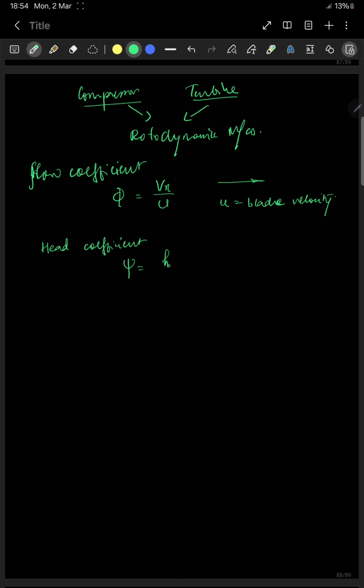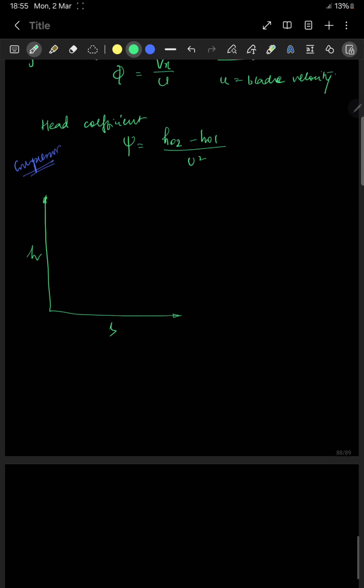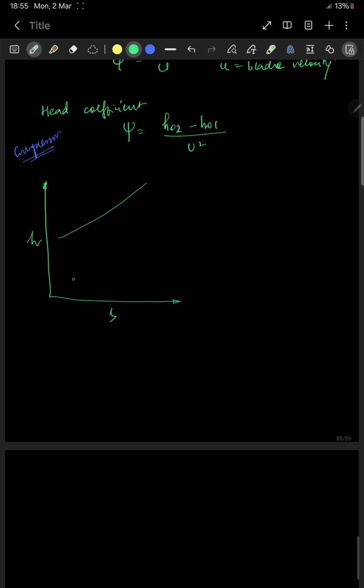Now head coefficient psi is equal to h02 minus h01 by u square. First we will do this for a compressor. If I draw the h-s diagram for a compressor, it looks something like this, where this is P1, this is P2, this is 1, this is 2, and this is 2s, the isentropic process.